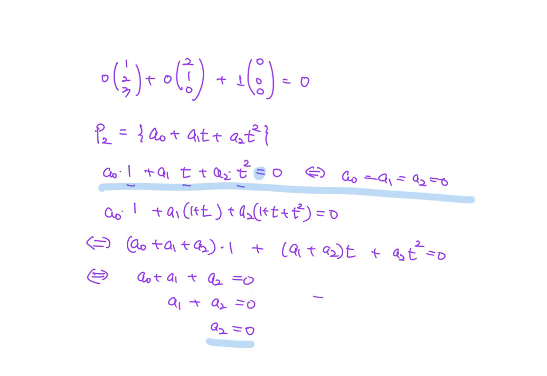So when you solve this system of three equations, a naught, a1, a2 are all zeros. So the set of 1, 1 plus t, and 1 plus t squared will be also linearly independent, right?